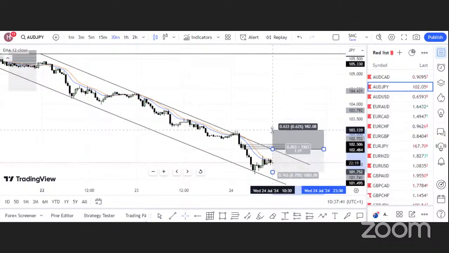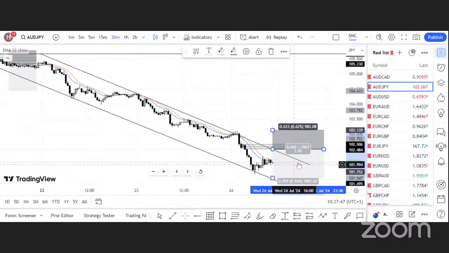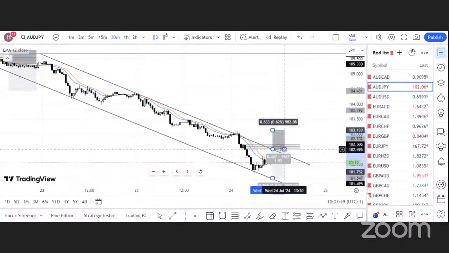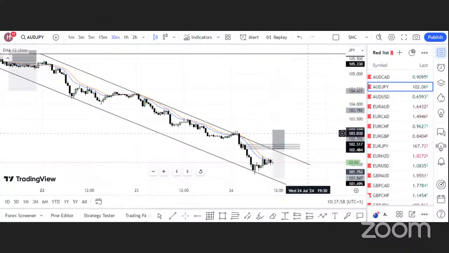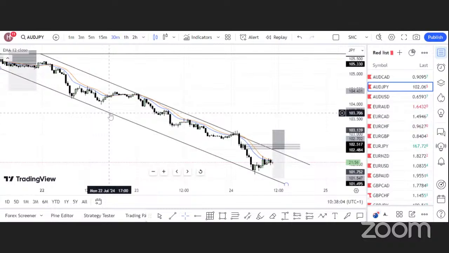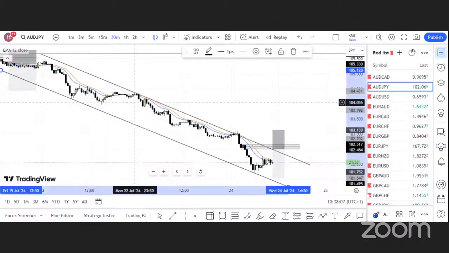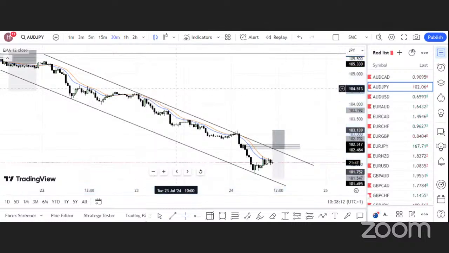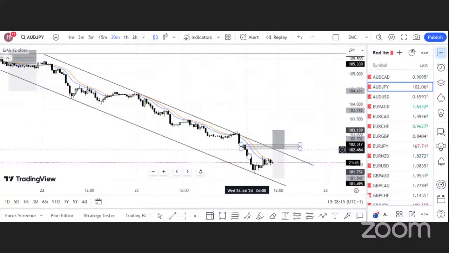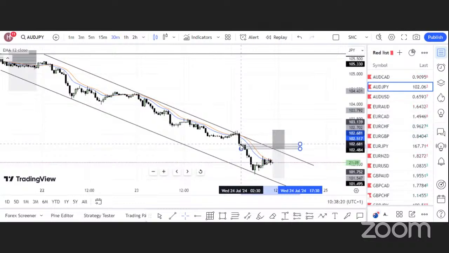This high will be our stop loss, and this low would be our take profit. So this is my analysis for AUD JPY.